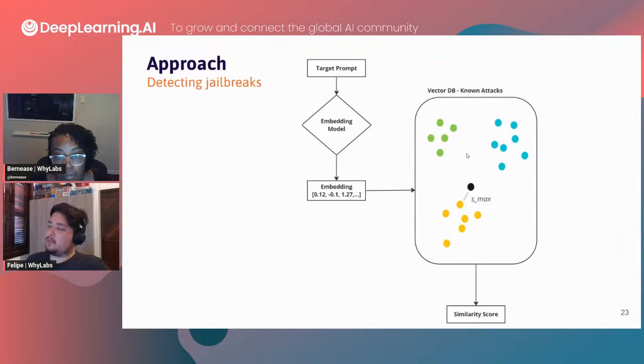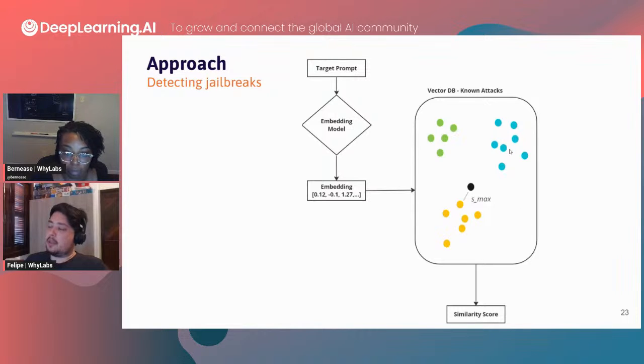Then, once we have a target prompt that we want to evaluate in our application, we generate the embeddings for this target prompt and perform pairwise cosine similarity calculations between the target prompt and each of these examples.